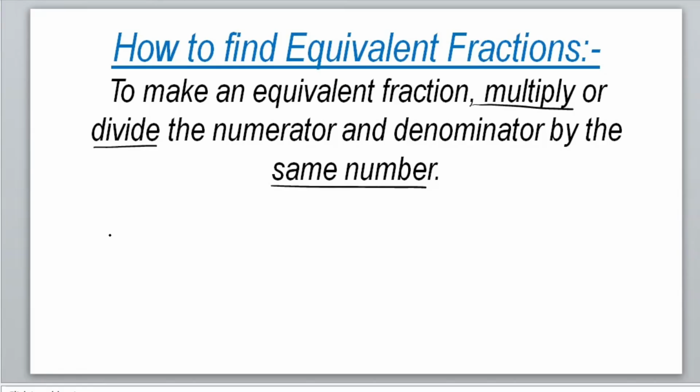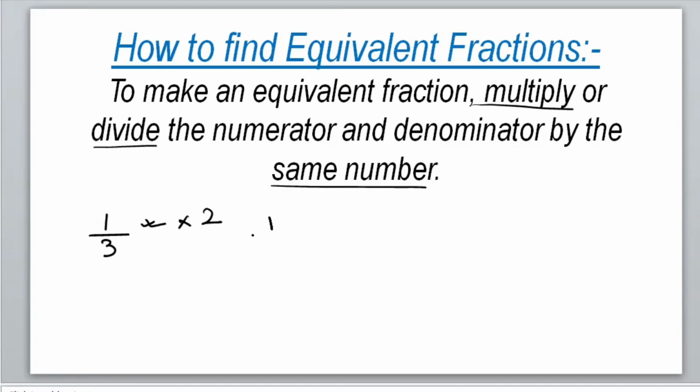For example, 1/3, and it says find the equivalent of 1/3. So how will you find the equivalent of 1/3? Here we will use multiplication. First we will multiply with 2.